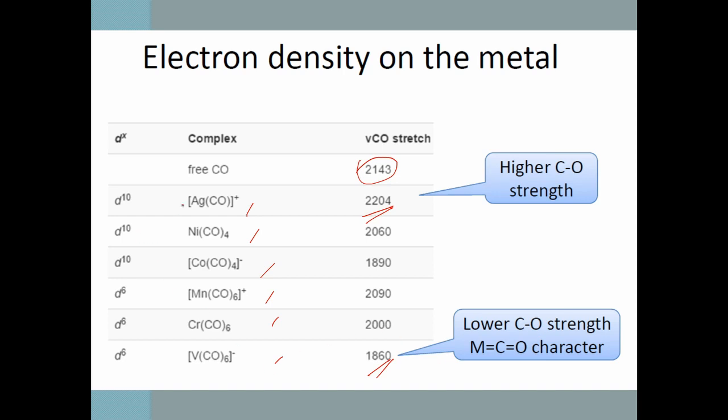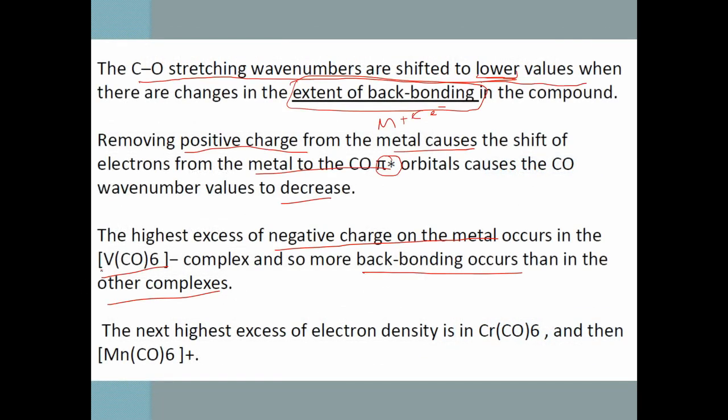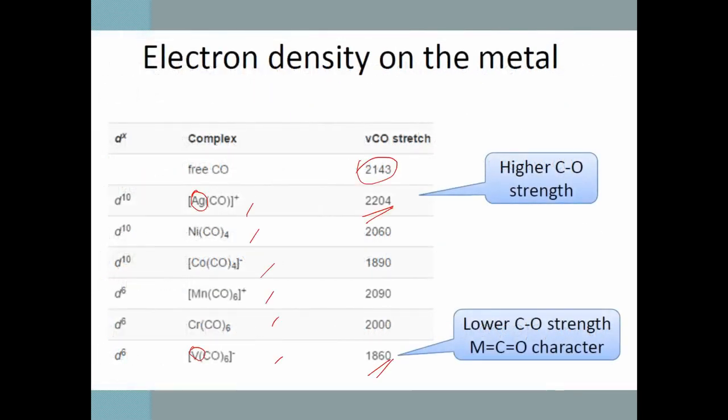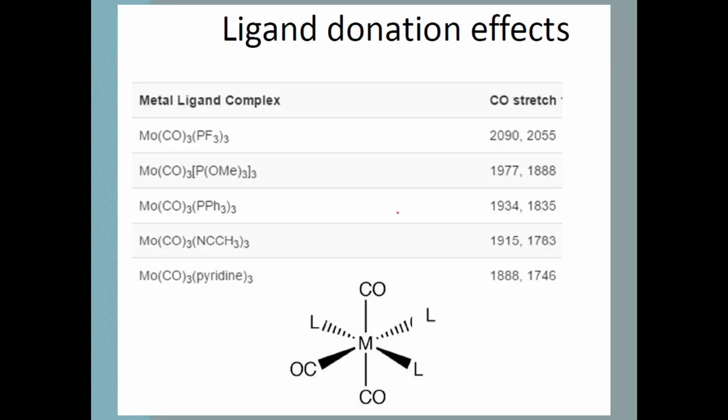That is pertaining to the metal moving from silver to vanadium. Vanadium, as you've seen here, has some excess negative charge, so it has a very lowered stretch. Ag has a very electropositive character, and therefore that suggests the wave number of about 2204.